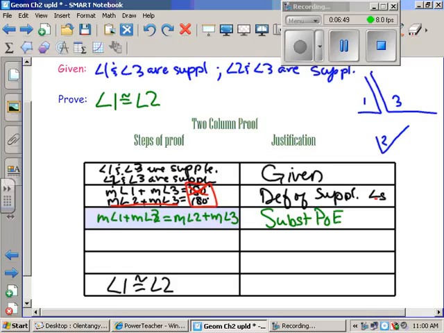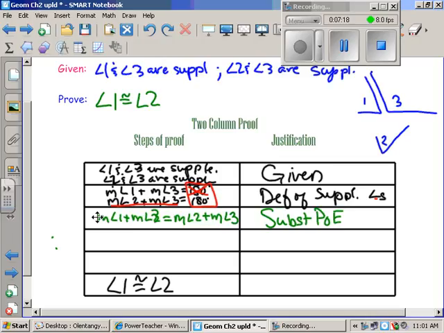Okay, now remember, I'm still trying to get 1 by itself on the left, 2 by itself on the right. So I've got 1 here, but that's there, right? And I've got 2 on this side. What can I do to get rid of everything other than the 1 and the 2? Michaela, what do you see?